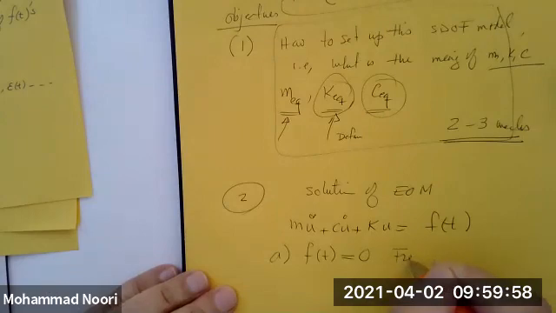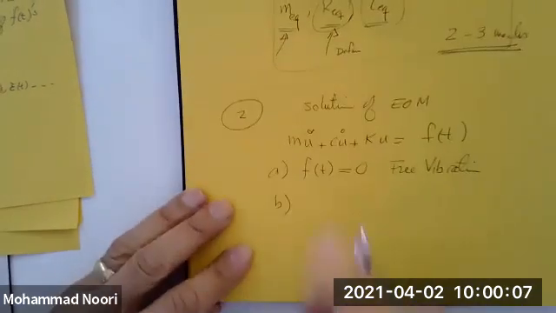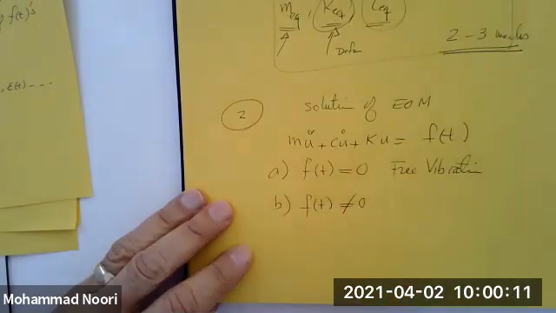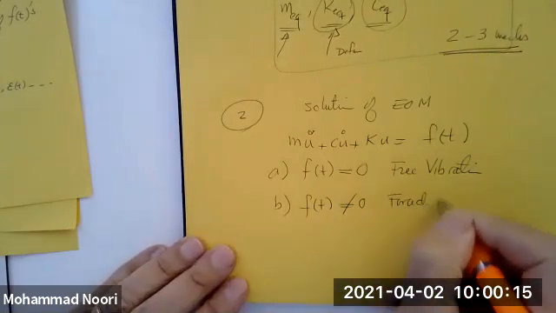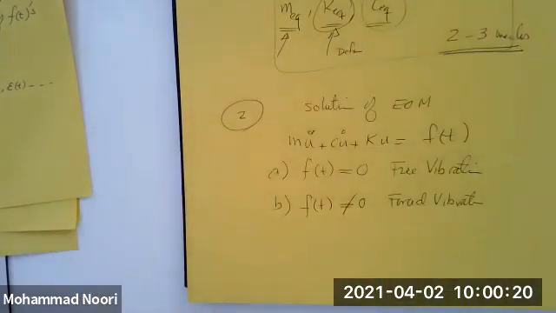We call that free vibration or free vibratory motion of the system. Second, we are going to look at the behavior of the system while that force is acting on this system. So we will be studying forced vibration of this system.